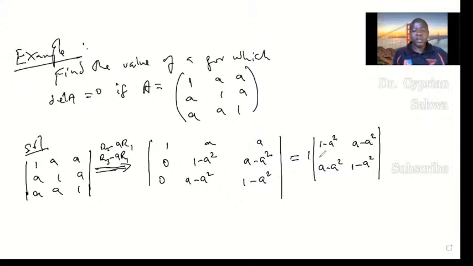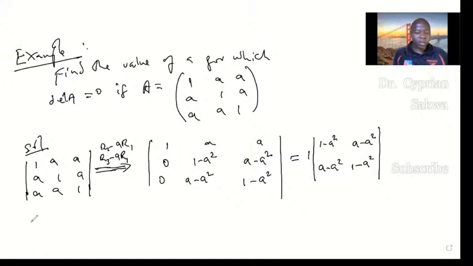That's what we wanted: to get this determinant and then equate to 0. Now you can get this determinant by multiplying these values along this diagonal, and then minus these values along this diagonal, equate to 0 and factorize.